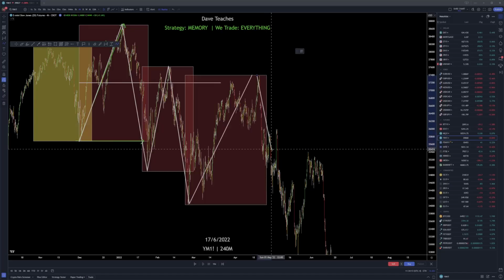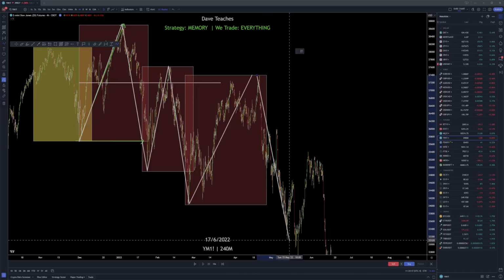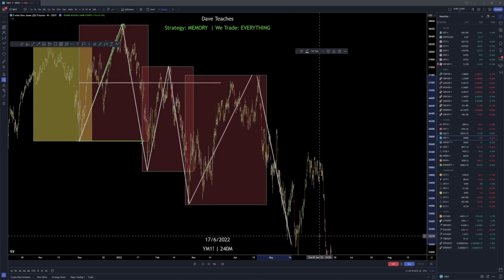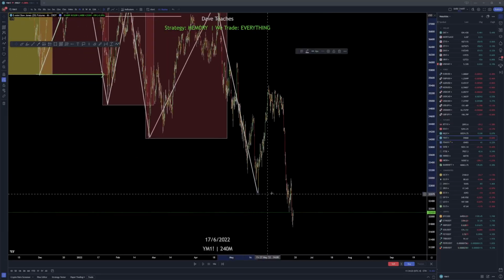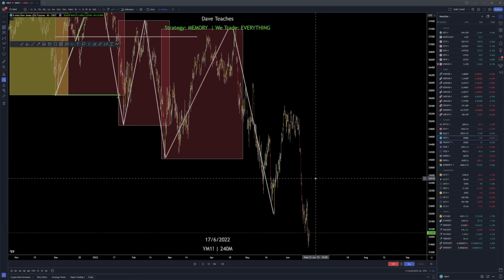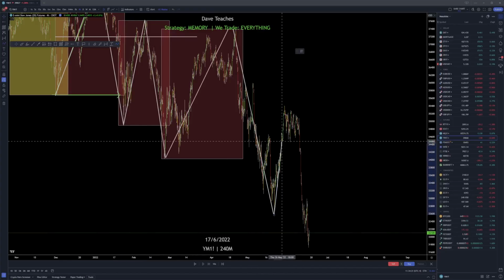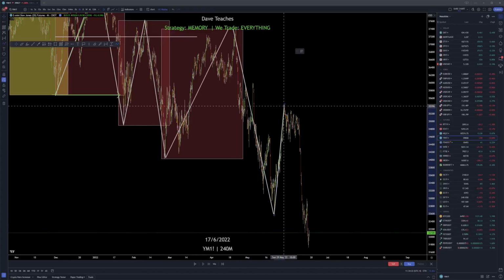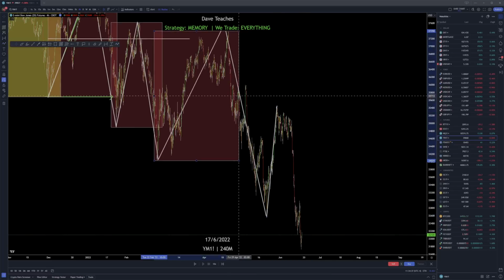Now we have this high, sorry, into the low below here, right? Into this low, right? So what we end up having is now price trades back up into that previous range.